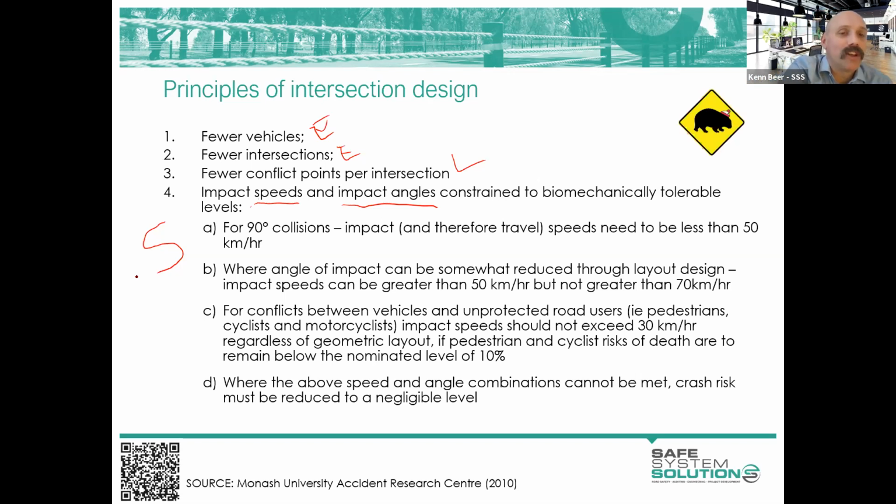But really, we've got that 90 degrees collision speed around that 50 kilometers per hour mark. Where you can get more angle on that crash, the speeds can go up a bit. The reason for that is, back to year 10, year 11 physics and vectors.